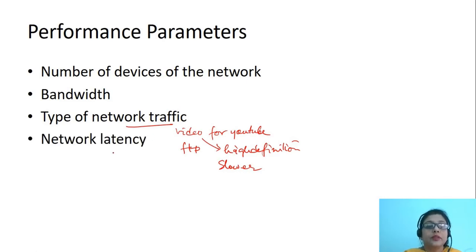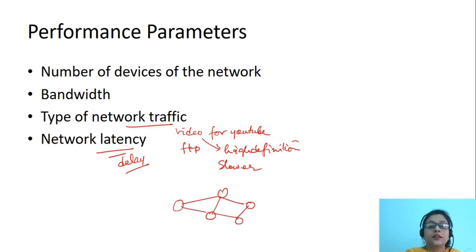Next is the network latency. This latency is also called the delay of the network. If we have a large number of nodes which are connected via these links, the data transfer between these nodes takes a certain amount of time.